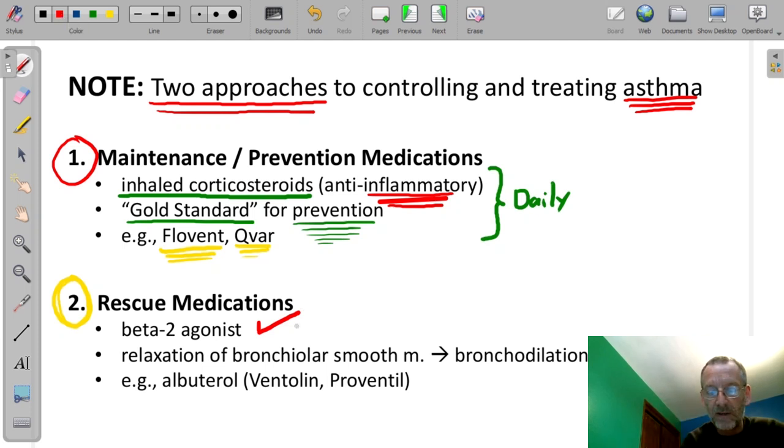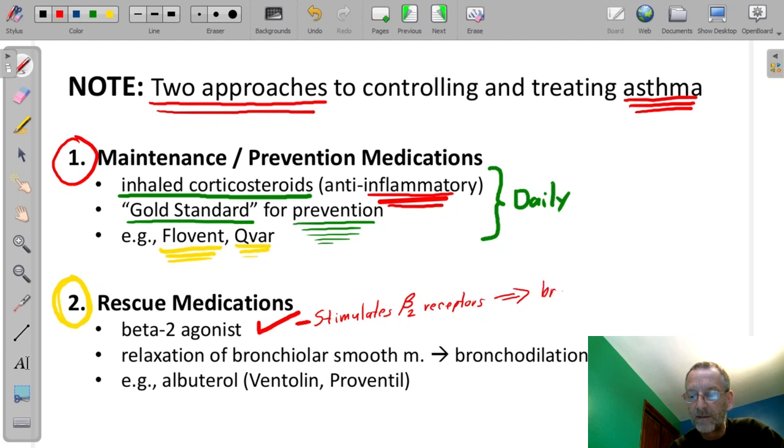So a beta-2 agonist stimulates the beta-2 receptors. And since you know what that does, when you stimulate a beta-2 receptor with norepinephrine or epinephrine, here we're doing it with a different drug, that leads to bronchodilation. So it leads to relaxation of the smooth muscle.